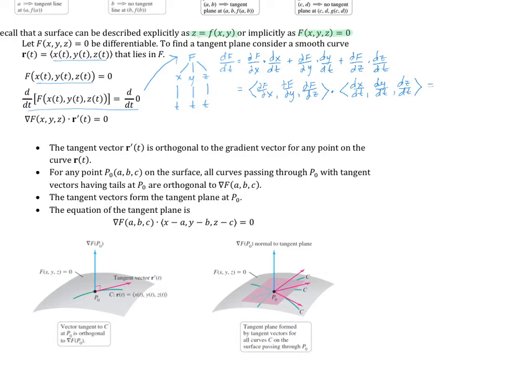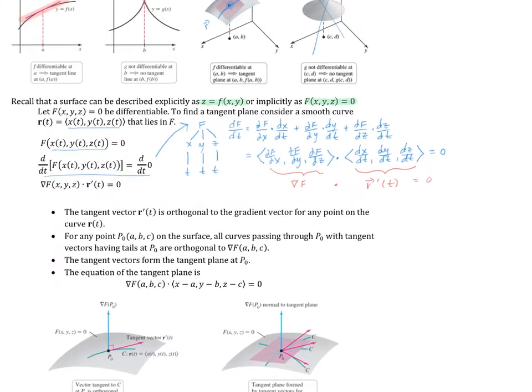Now remember, this is equal to 0. So this first vector here is simply our gradient vector. And this second vector is the derivative of our curve R. And these are dotted, where the dot product is equal to 0. So what that means is these two vectors are orthogonal to each other.